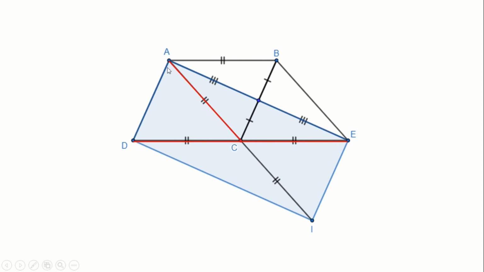Moreover, by symmetry, we have AC is equal to CI. Therefore, we can say that AC equals CI equals DC equals CE. So the diagonals of this quadrilateral are equal and bisect each other at the point C. Therefore, we can say that the quadrilateral AEID is a rectangle since its diagonals are equal and bisect each other.